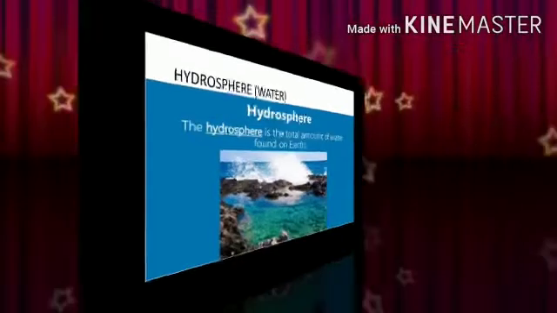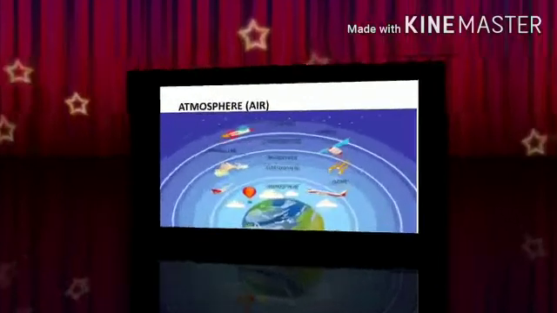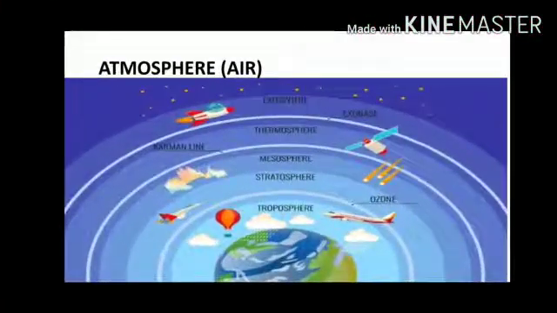The next important component is the atmosphere, which is the blanket of air that surrounds the earth. It is basically a mixture of many life-supporting gases like nitrogen, carbon dioxide and oxygen. And we all are aware that the most important layer present in the atmosphere is ozone, which protects us from the UV rays of the sun.